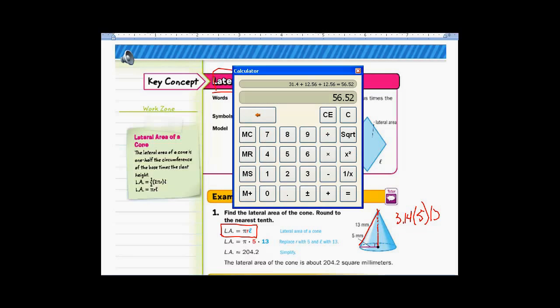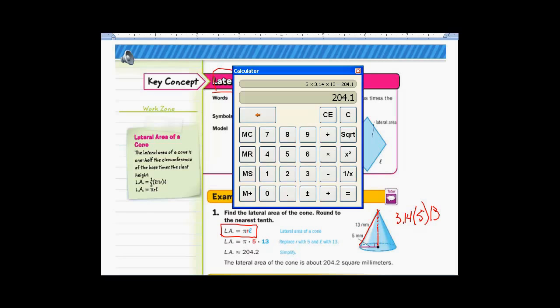Using my trusty calculator, 5 times 3.14 times 13, I get 204.1.